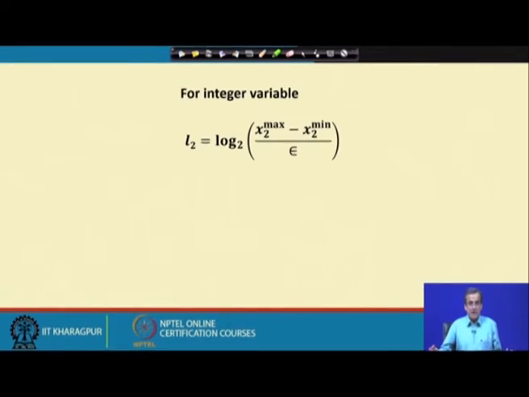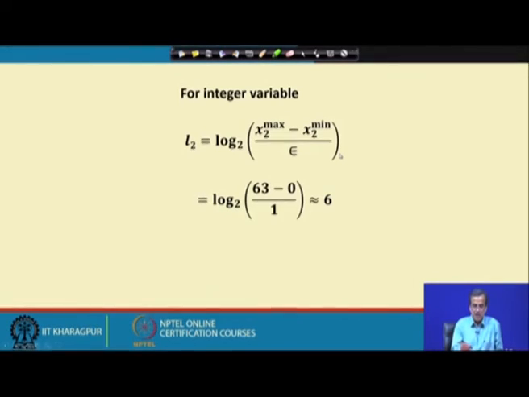Similarly, if we want to determine how many bits are to be assigned to represent the integer variable, I can use this formula. If I substitute the values, x2 maximum is 63, x2 minimum is 0, and the accuracy level is 1.